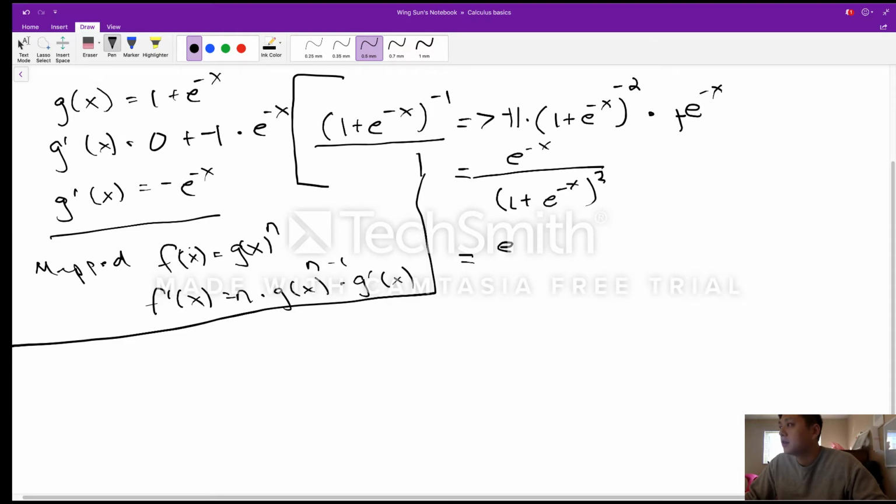So e to the negative x, I can say, hey, if I add 1 and subtract 1 from it, something tricky, so that alone, plus 1 and minus 1, is basically saying plus 0. Okay, so I'm not trying to add anything to it.